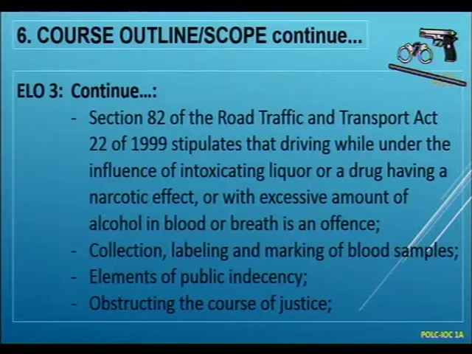Within this one, there's usually the defining of the driver, the vehicle, motor vehicle, and public road. Those need to be distinguished and known. Section 82 of the Road Traffic Act stipulates that driving while under the influence of an intoxicating drug, having a narcotic effect, with an excessive amount of alcohol in the blood, collection, labeling, and marking of blood samples. That's one other area. Elements of public indecency, obstruction of the course of justice.